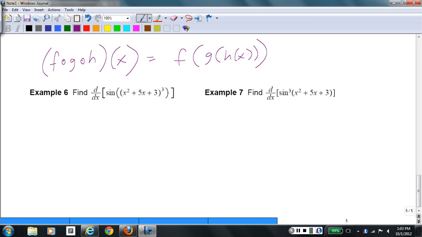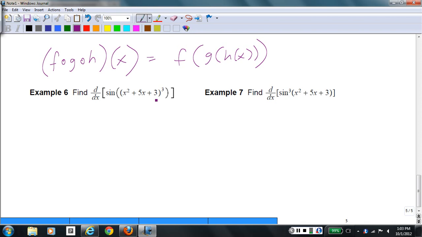And we just need to figure out what is the outermost function, and start by taking the derivative of that. And as we multiply by the derivative of what's inside the parentheses, the expression inside the parentheses will also be written as the composition of multiple expressions.